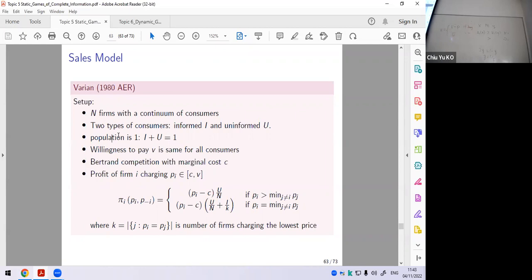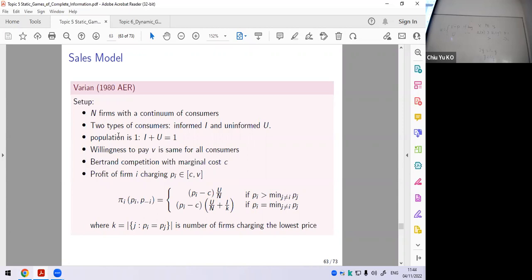And the Bertrand comparison is with marginal cost. So in standard Bertrand, you would expect the price to be C, and that's it. Whether informed or uninformed doesn't really matter, you just go to this store, go to the other one. So here the firm, I just restrict to C to V, because charging below C is going to lose money, so there's no point.